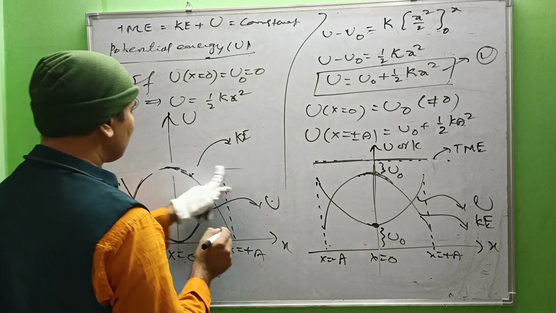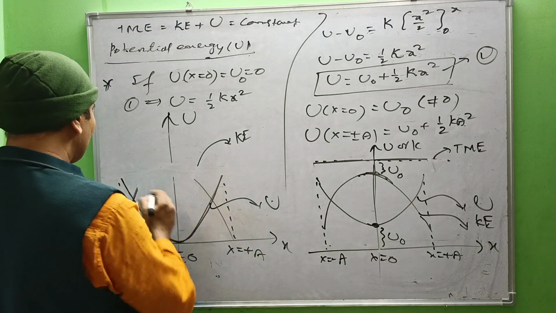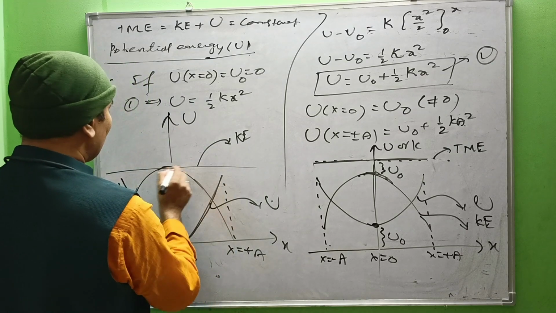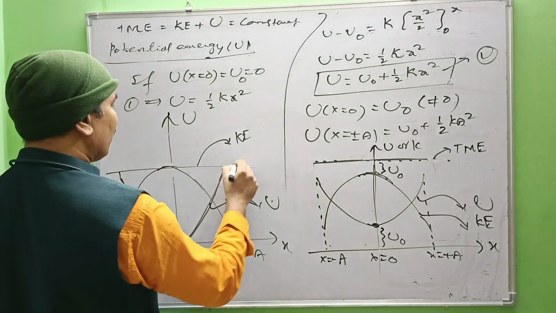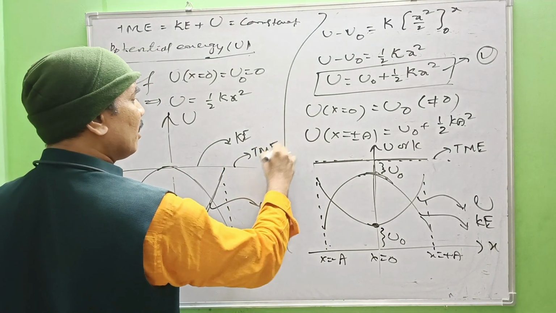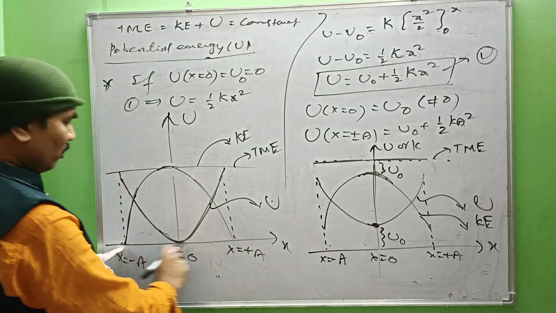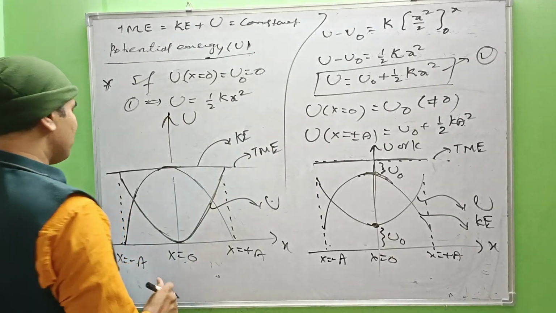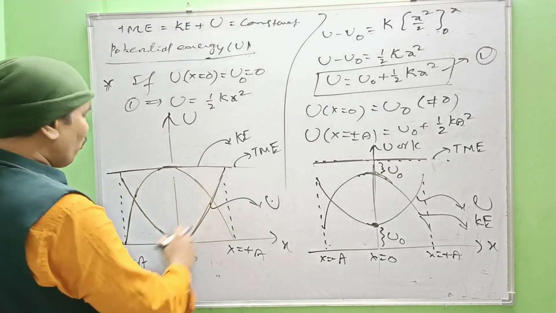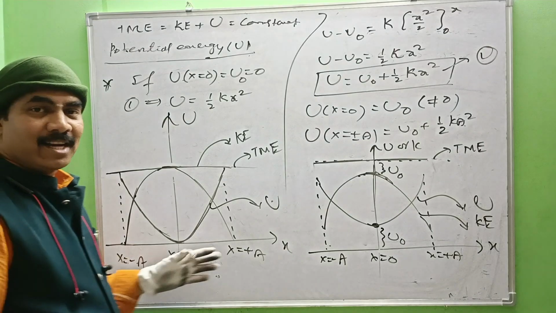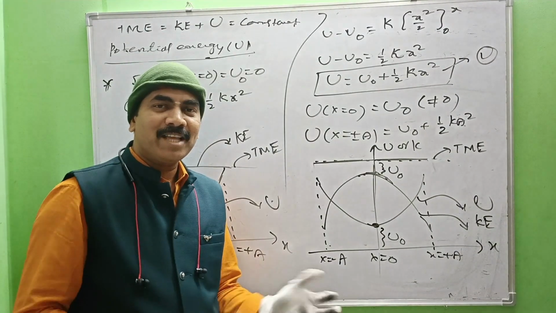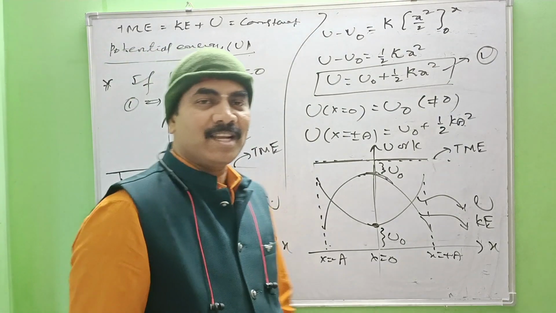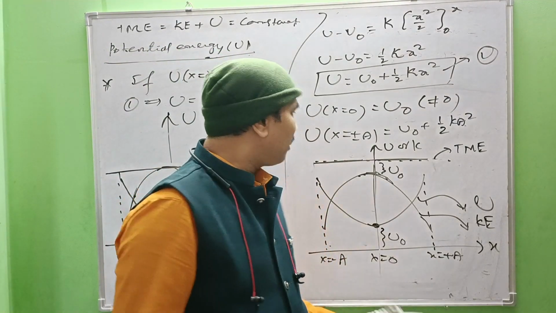Throughout the oscillation, total mechanical energy remains constant, even though potential energy and kinetic energy change individually. That's how we have the variation of potential energy and kinetic energy with position.